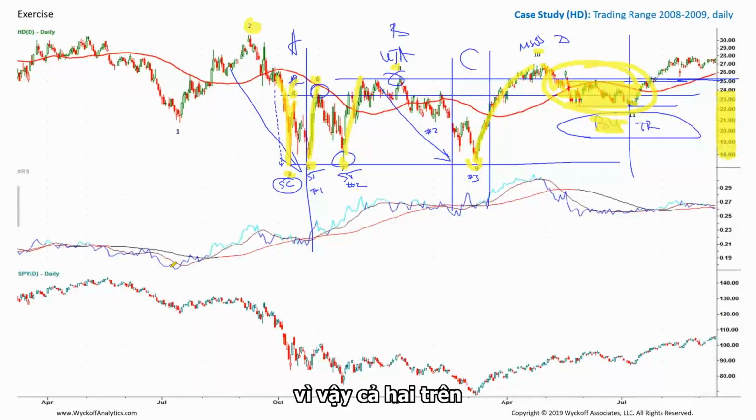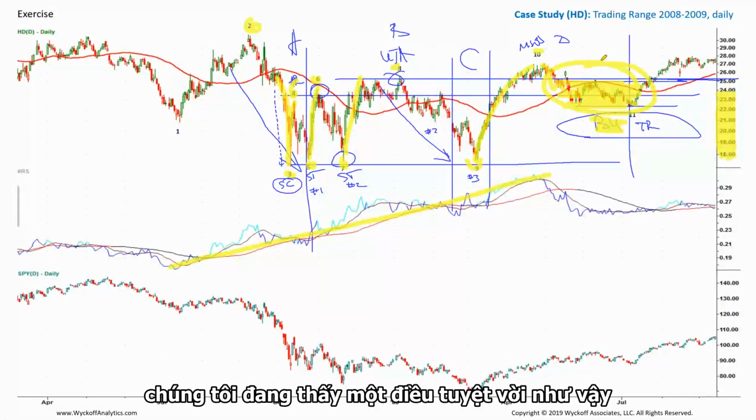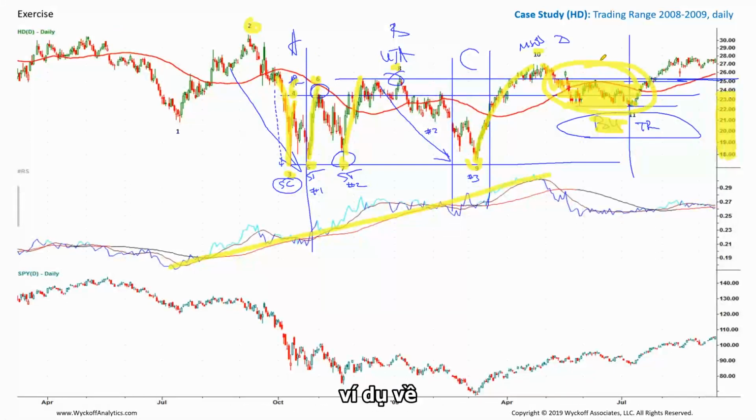So both on the relative comparative and price level, we're seeing such a great example of institutional presence, institutional buying, institutional accumulation, institutional expectations of outperformance for the stock.